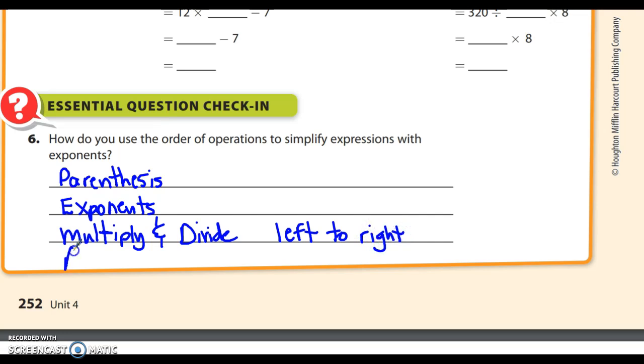And lastly, we add and subtract. And we add and subtract from left to right.